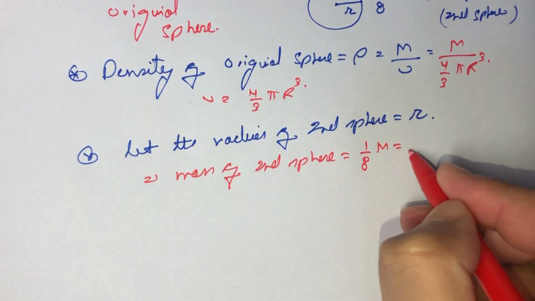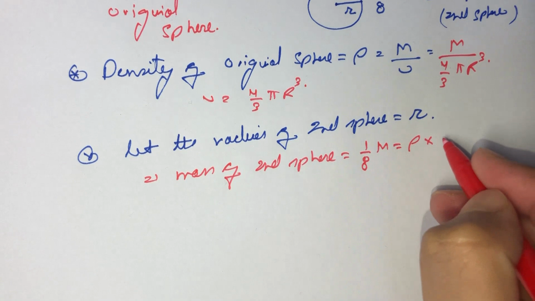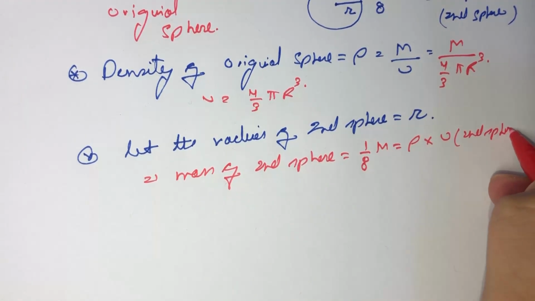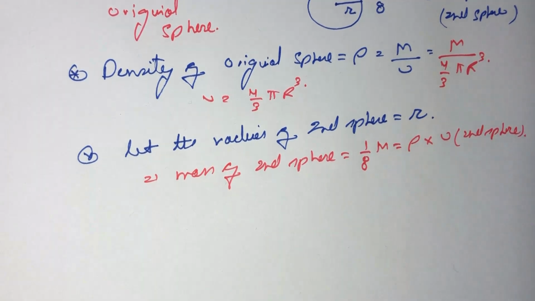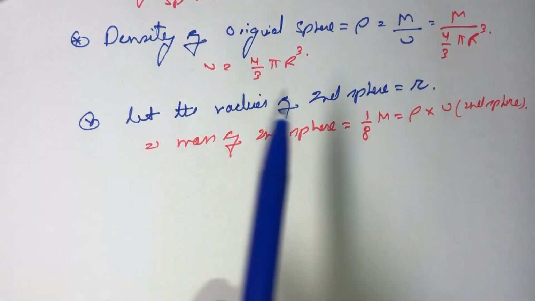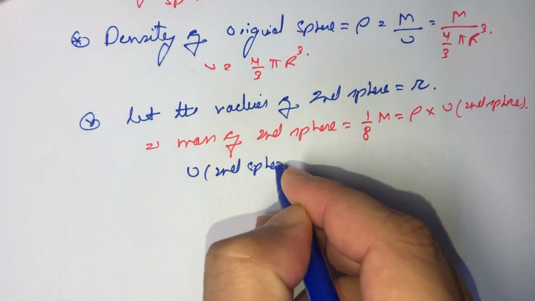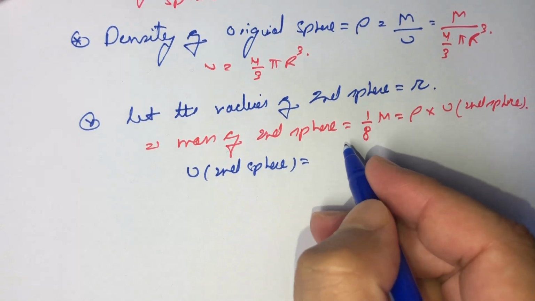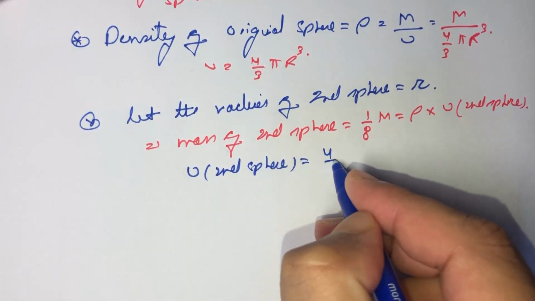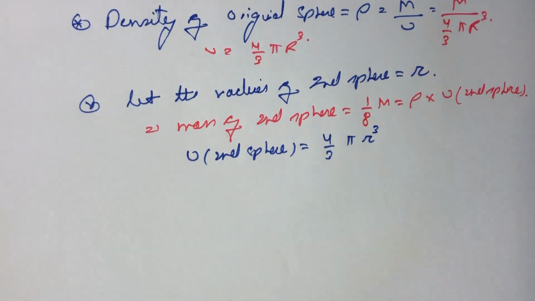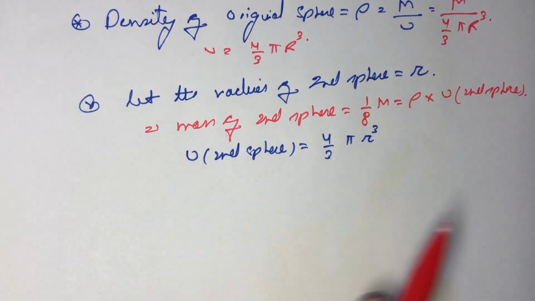So this will be our density multiplied by the volume of the second sphere, and the volume of the second sphere will be given as 4/3 pi r cube.